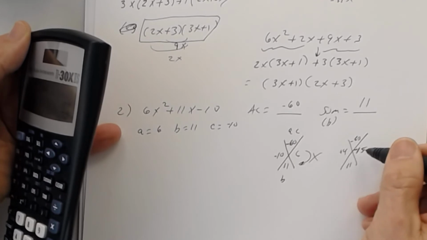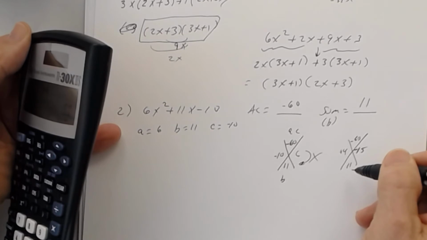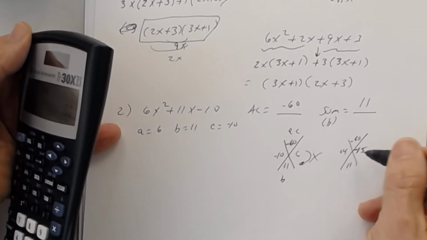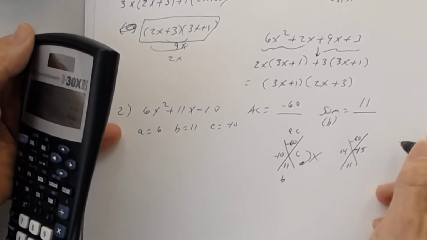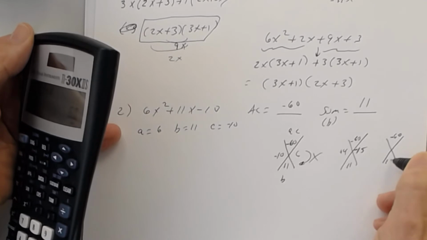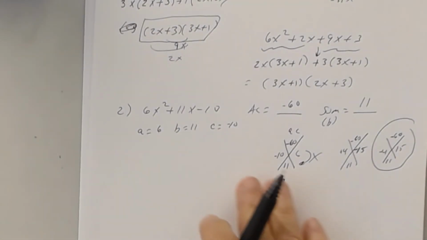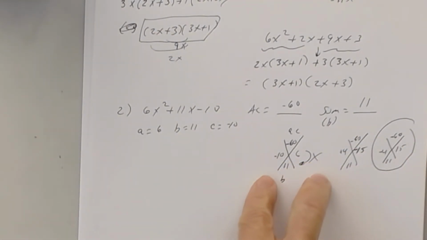Is positive 4 plus negative 15 a positive 11? No, it's negative 11. So what does that imply about these numbers? Just change your signs. So what's going to work will be negative 4 and 15. So that's the one that's going to work. Notice what you're going to go through with the AC method.